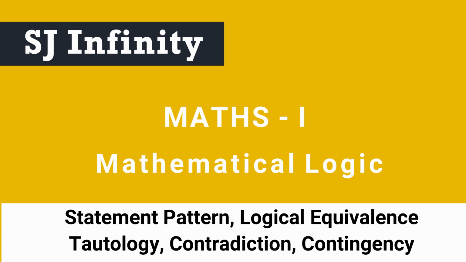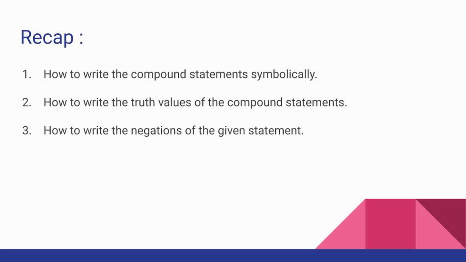Let us take a quick recap of what we covered in the previous video. In the previous video, we studied how to write the compound statements symbolically, how to write the truth values of the compound statements, and how to write the negations of the given statement.